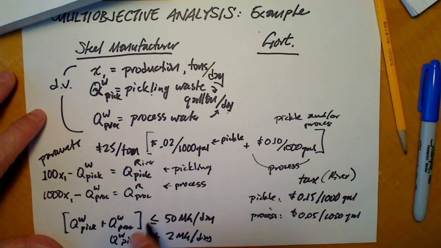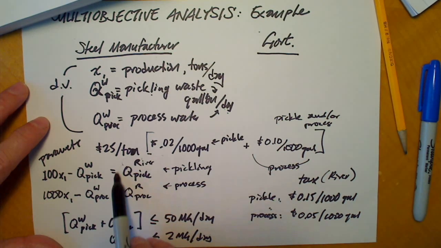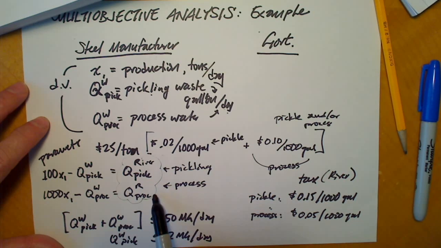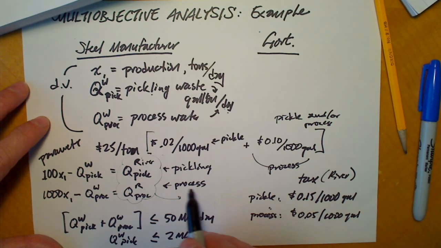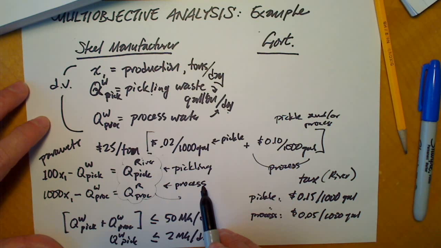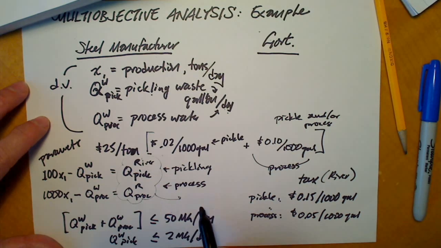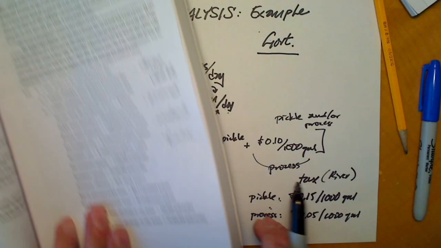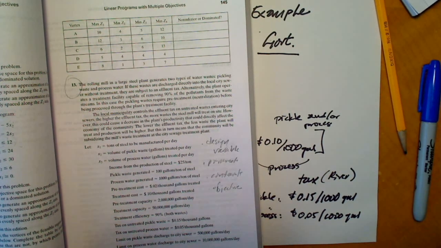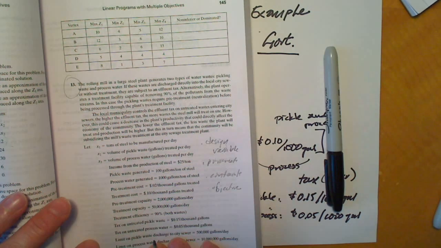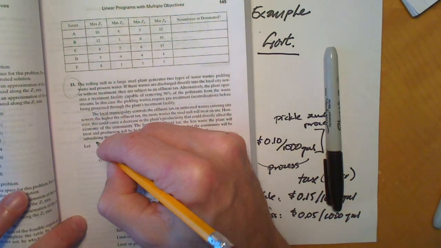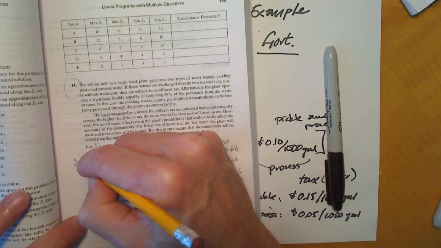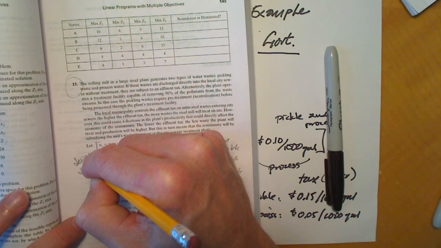Those two are going to be represented here, and they have to be less than or equal to, for pickling, 500,000 gallons a day, and for process water, 10 million gallons a day. Now we've sorted through each one of these given pieces of information.